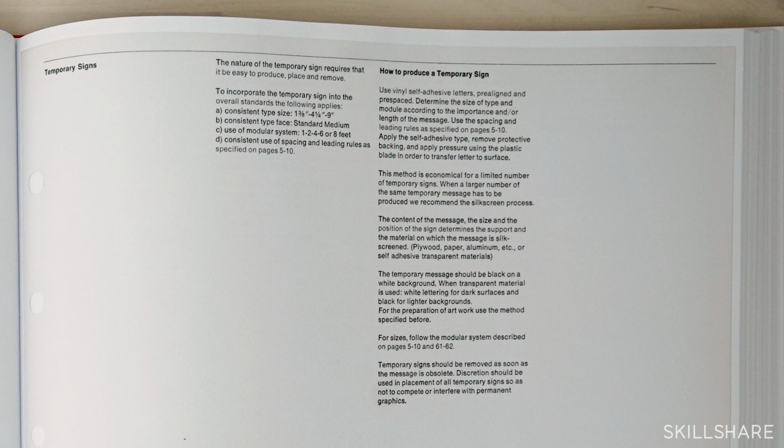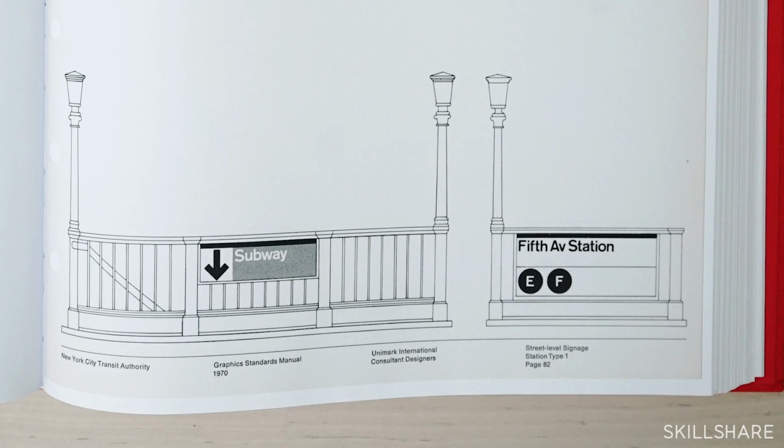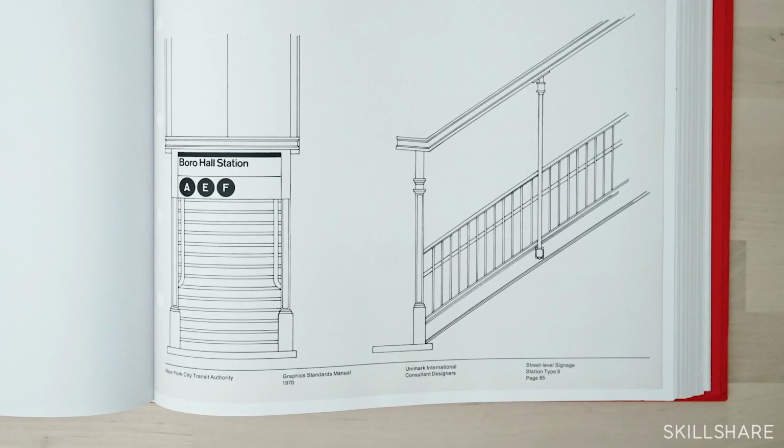So there's guidance here that tells you what a temporary sign is. The nature of the temporary sign requires that it'll be easy to produce, place, and remove. And then it has instructions for how to produce a temporary sign. And then it also shows examples of where to put that temporary sign, what it should look like, where it should go, and how it should actually function. And this is a great guide. This is great guidance for a design system.